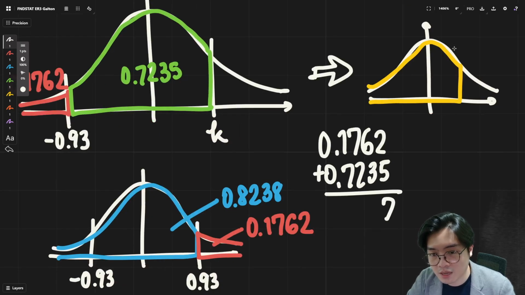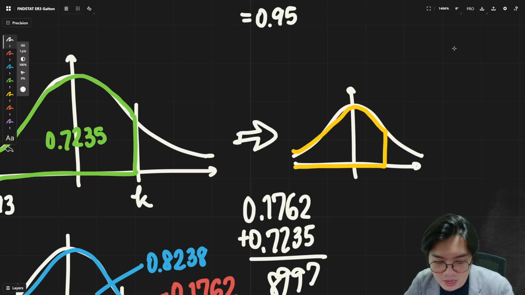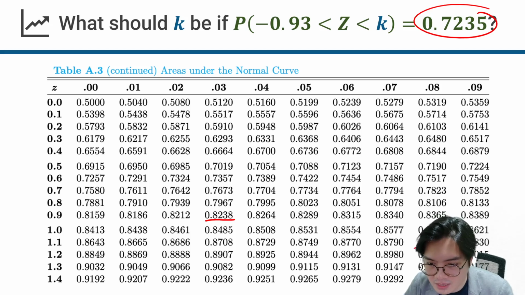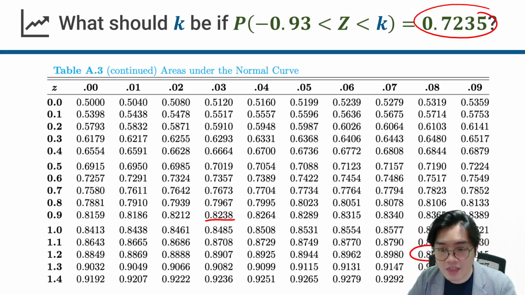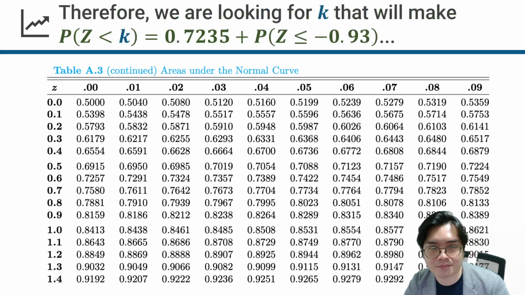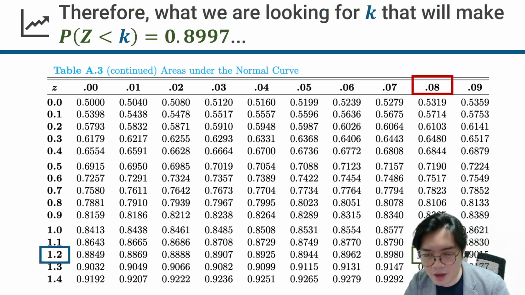We will have 0.8997 as our total. So in this case, 0.8997 is exactly here. There is your k value. Your k is equal to 1.28. There you go, 1.28.